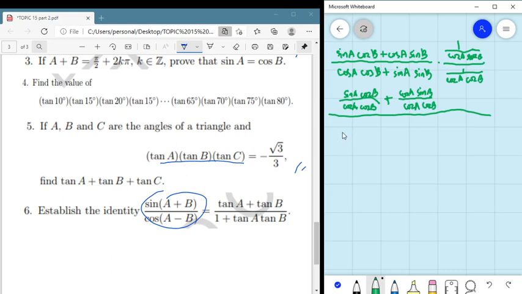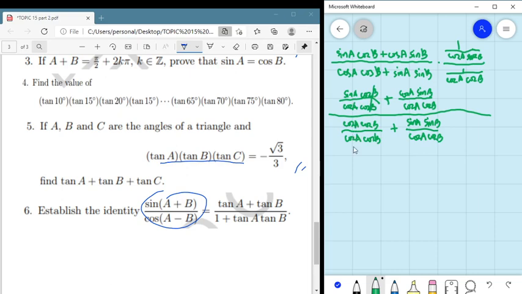The denominator becomes cosine A cosine B over cosine A cosine B plus sine A sine B over cosine A cosine B, which can be simplified. Cosine B cancels.